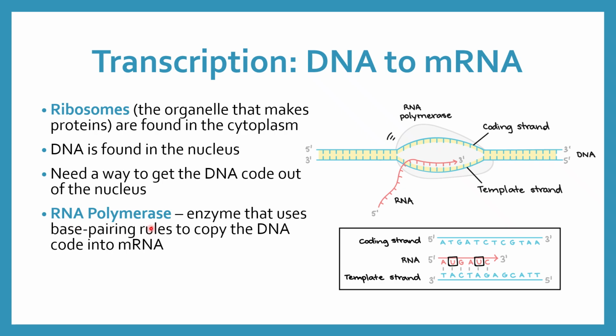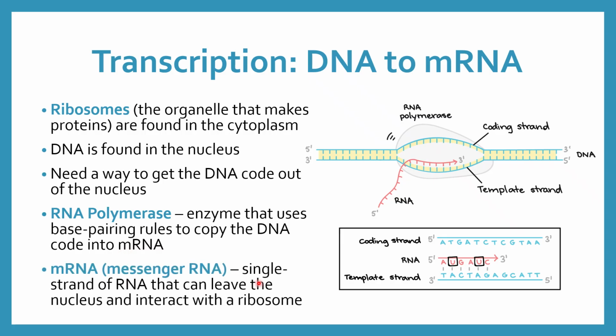If you remember when we talked about DNA replication, DNA polymerase used the DNA template to make a new strand of DNA. It copied the DNA. RNA polymerase is going to do the same thing. It's going to read the DNA and create RNA to match the DNA template. In this case, it's going to make mRNA, the messenger RNA.